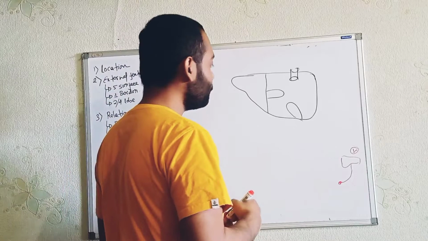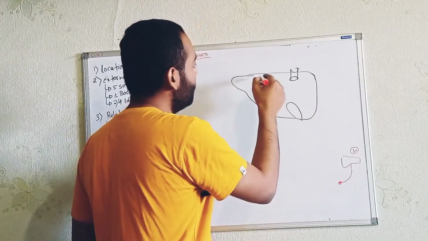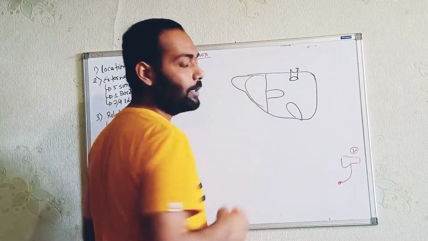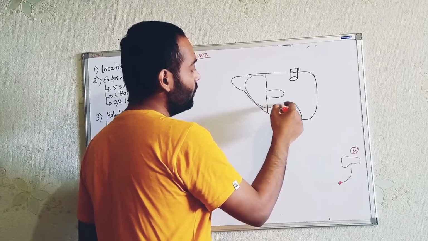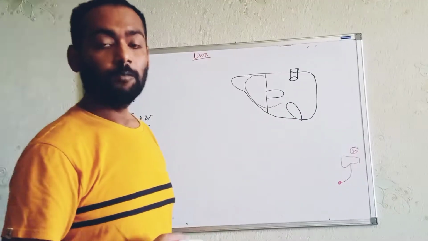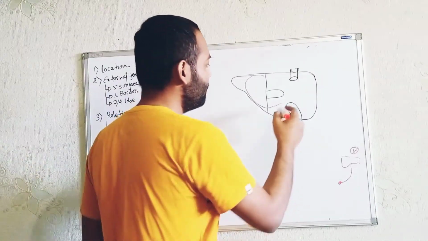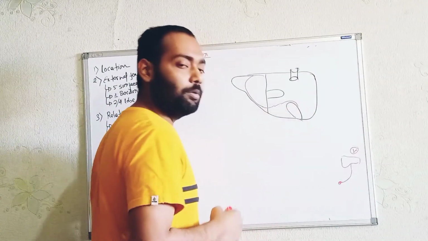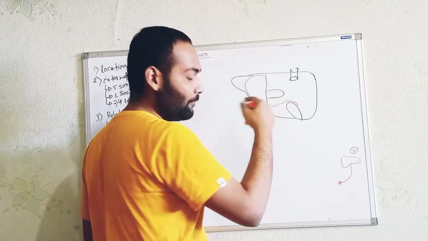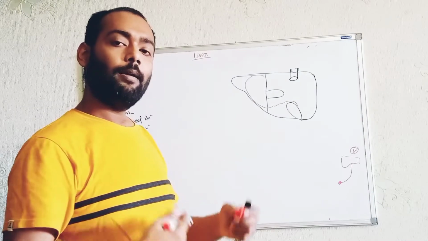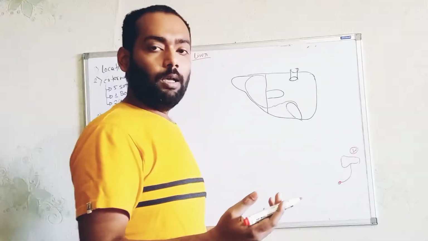So now on the left side, when you draw the stomach, you first draw like this. Then you draw the pyloric region. Then you draw the duodenum. So try to feel it like you are just drawing the stomach.